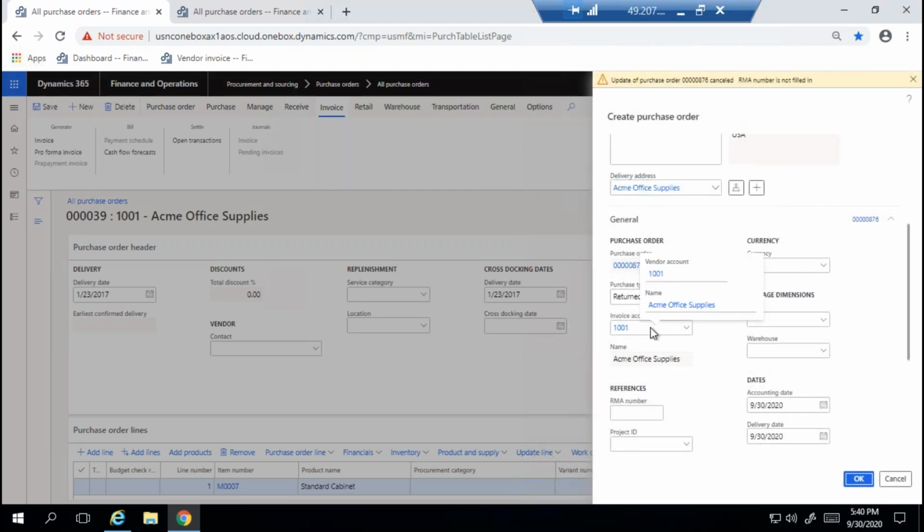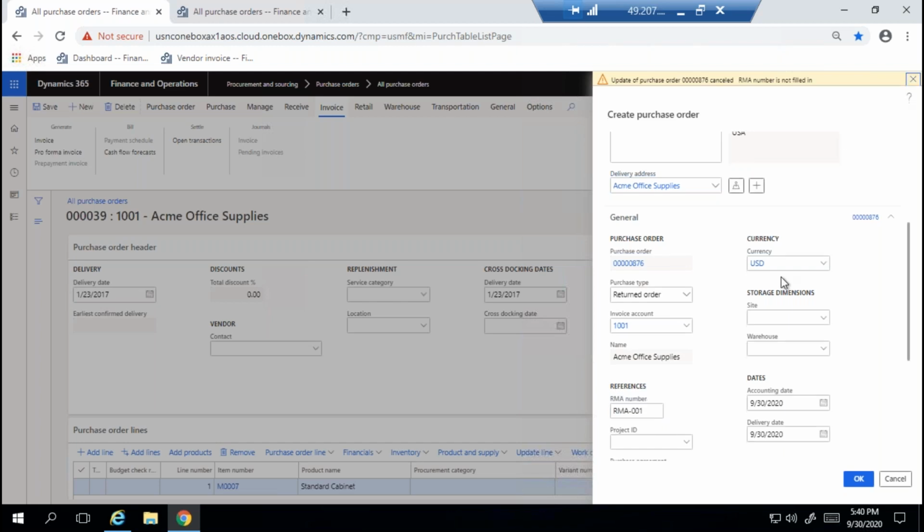Whenever you are doing purchase returns, the RMA number is mandatory. This is the return merchandise authorization number, the RMA number, which you need to enter. You inform your vendor that you are sending so and so materials back to him, and then he gives you a number.